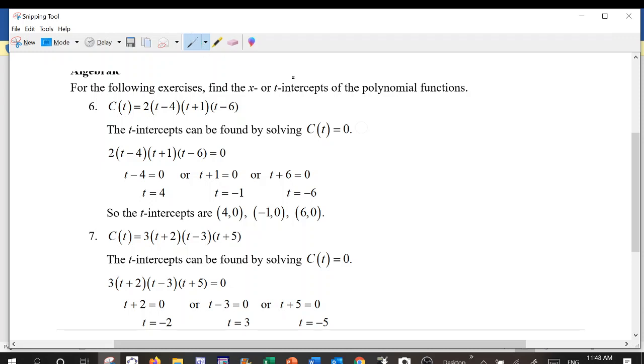Well, we talked about it. What we need is the end behavior. So what's the end behavior of this? What's the leading term? The leading term would be 2 times t times t times t, so that's 2t to the 3rd power.